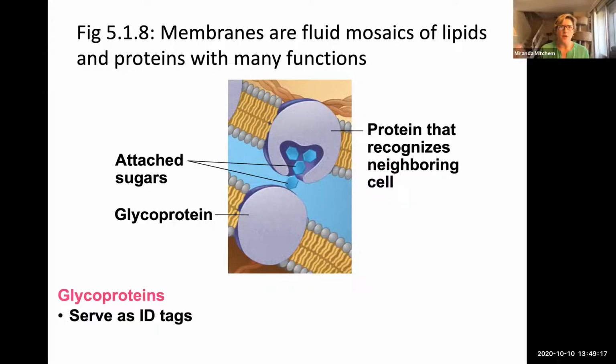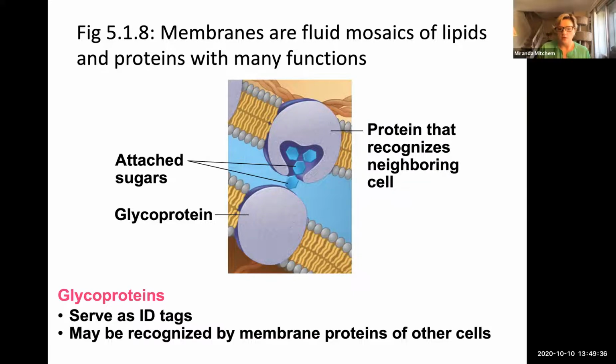The way that glycoproteins work effectively in our body is they work as ID tags. So it's a way for the cell to know what cell it's communicating with and to verify that correct connection, if you will. So it's possible that the glycoprotein is recognized by other cells too.